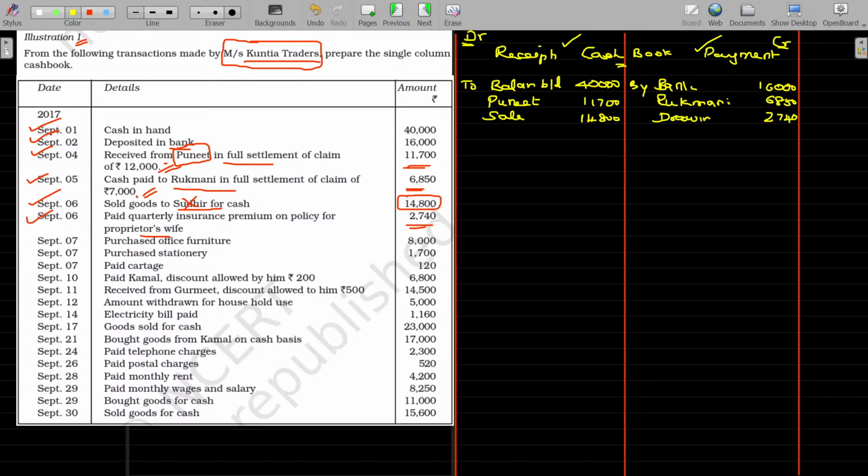Whatever the payment may be for the owner's personal requirement, everything will be grouped in drawings only. If money goes out from the business to the owner's pocket, that will always be named as drawings. Whether the owner uses it for whatever purpose is not a matter for us. Rather than I give it to the owner and he spends it, the owner directs me to directly settle that money for his personal expenses.